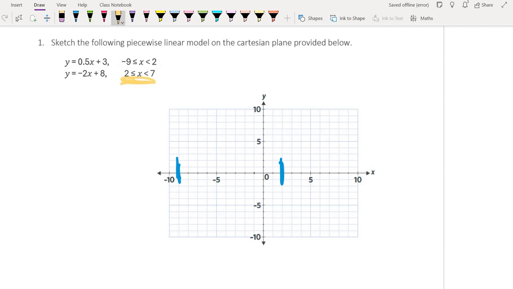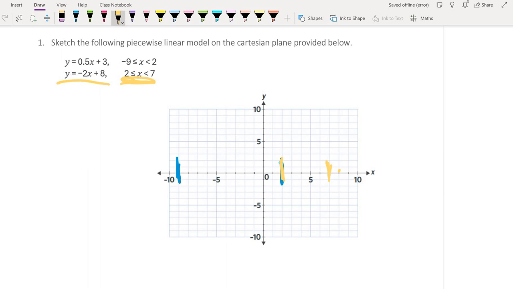For the second half of the graph, we want it to go from 2, so we're overlapping at 2, all the way to 7, so over here. So this part of the graph is going to follow this relationship between the x and the y. And it'll probably look something like that.